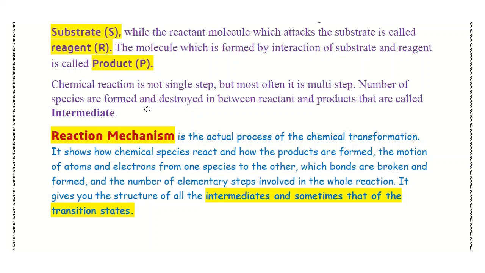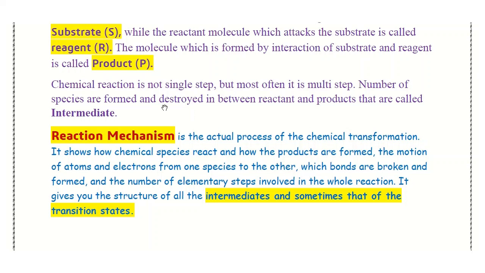So all those species that form during the conversion of reactant into the product are known as the intermediate species. So these are the species that are formed and destroyed.